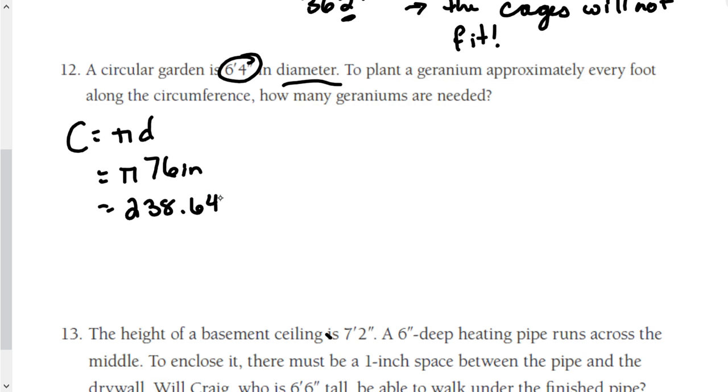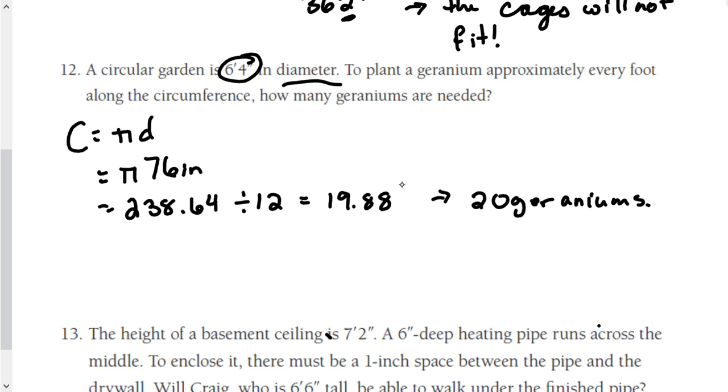And then every foot, I need to convert that back into feet. So I'm going to divide this by 12, which gives me about 19.88. So I would need 20 geraniums. Now, because this is feet, this is inches. This converts it to feet.